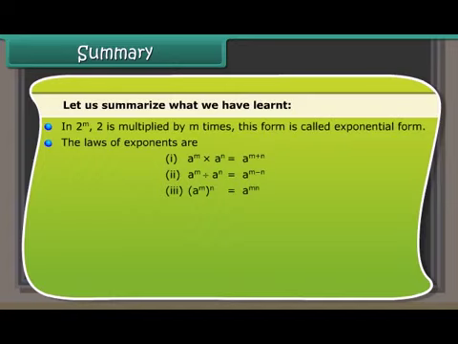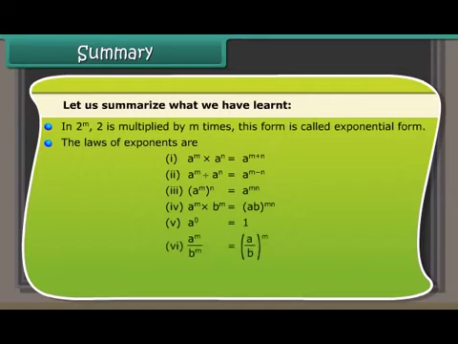3. (a^m)^n is equal to a^(mn). 4. a^m into b^m is equal to (ab)^m. 5. a^0 is equal to 1. 6. a^m upon b^m is equal to (a/b)^m.